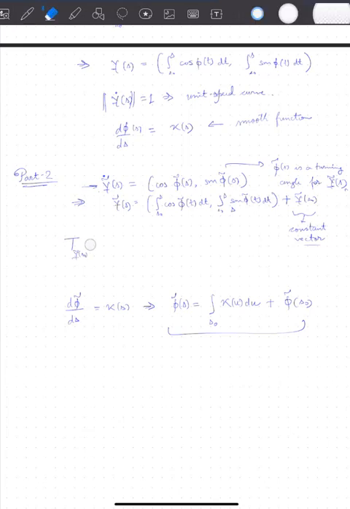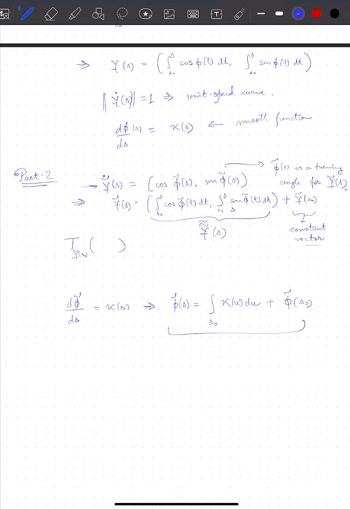All it does is it takes gamma tilde, or maybe let's call it something else. So let it be gamma tilde tilde of s. That's what the expression is here.